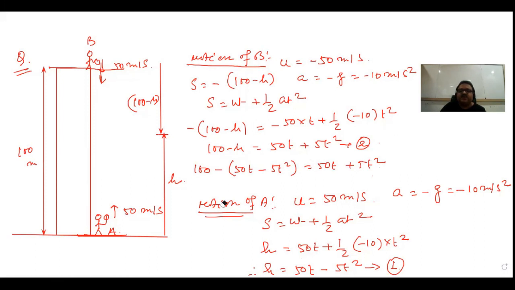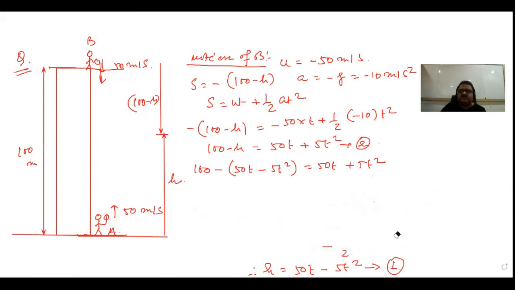Okay, if you continue the calculation, let me check what we are getting here. Clear. So here it is 100. Watch this carefully. I am replacing the value of h.